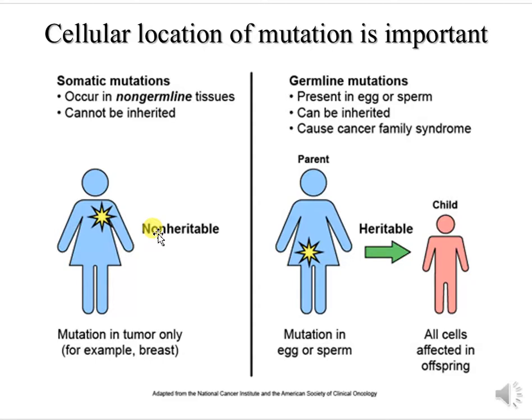Does that mean all cancers are somatic mutations? No, absolutely not. So there are some cancers that are germline mutations rather than somatic. Most of your family cancer syndromes are caused by inherited mutations, usually in a tumor suppressor gene.